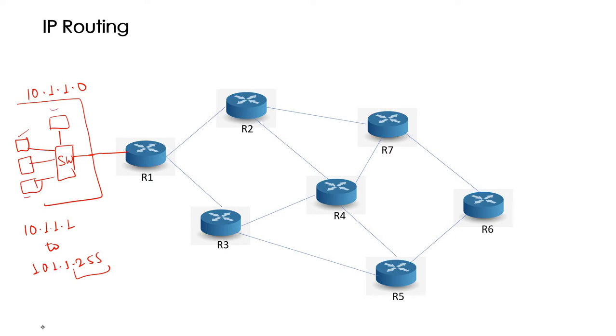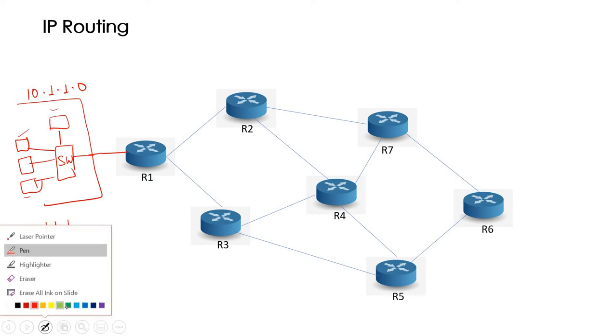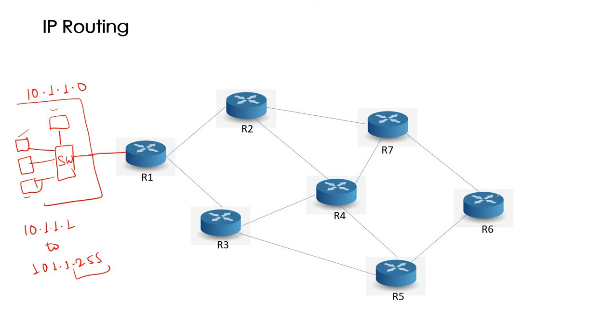Let me take one more network in this complete network. Let me take one network here. Here the same thing will be happening. We will be having one switch here, and then we will be having multiple computers connected from there, right? Multiple computers can be connected, laptops we can create.